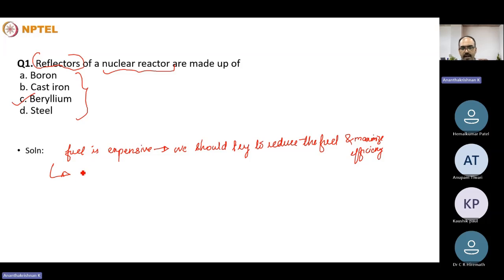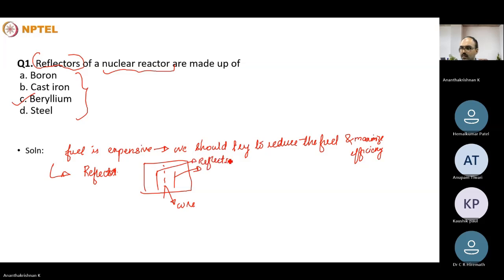Therefore, one of the additional mount-ons that will be used in a nuclear reactor is called a reflector. If you consider this as the core, these reflectors are one way by which we can reduce the entire size and the fuel requirement.